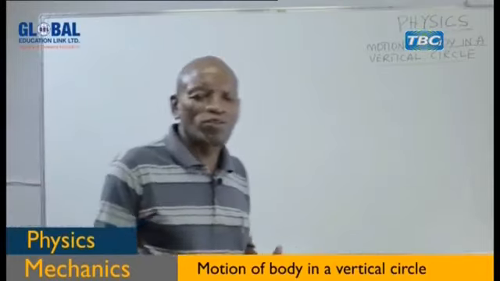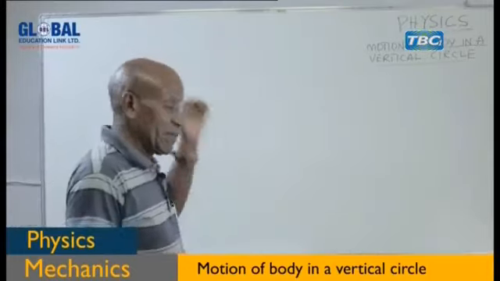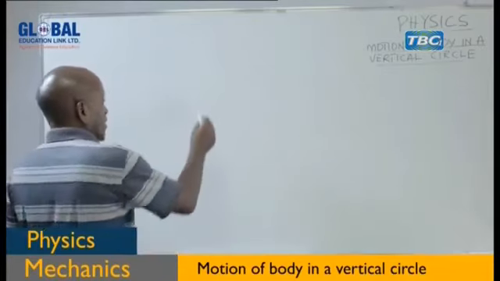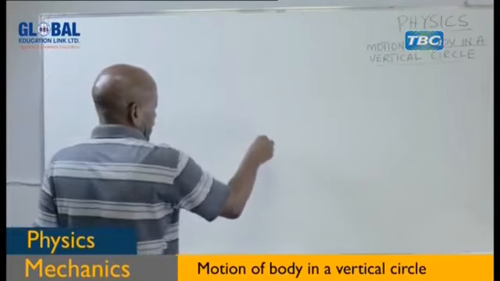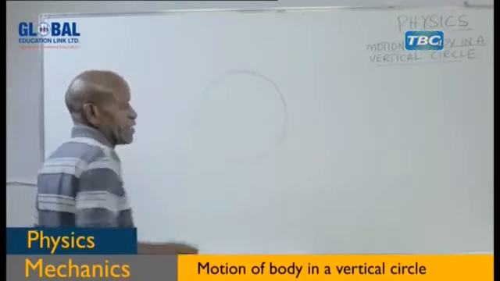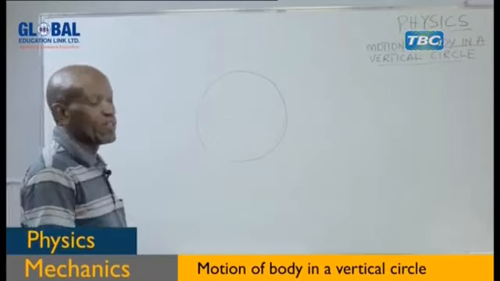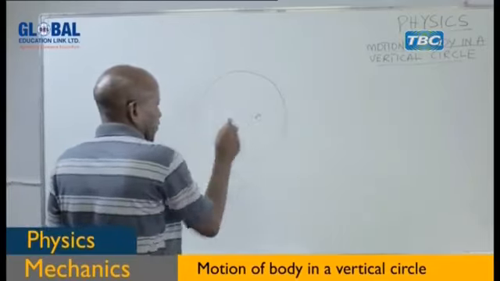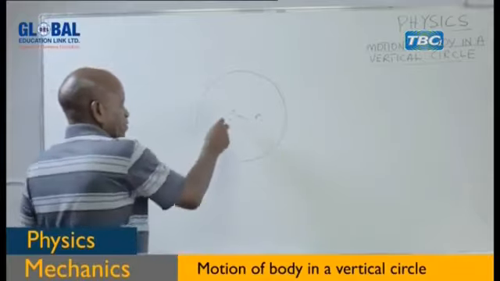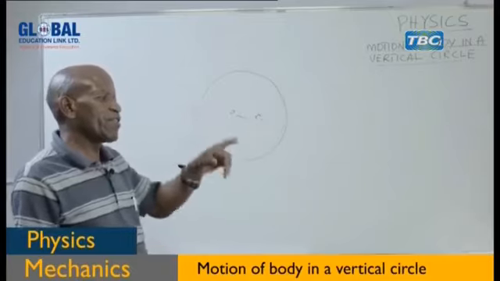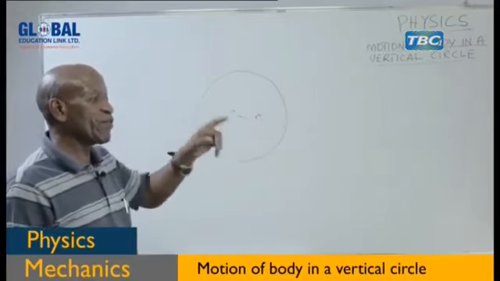You might fail to start somewhere, but I can give you something you need to understand. If that is the bucket, which is moved in a vertical circle of radius R from the center, you need to determine the period of revolution of this bucket such that the water will not fall out.